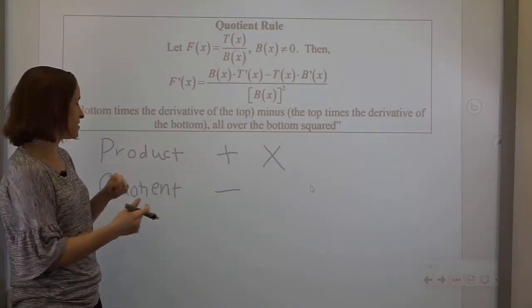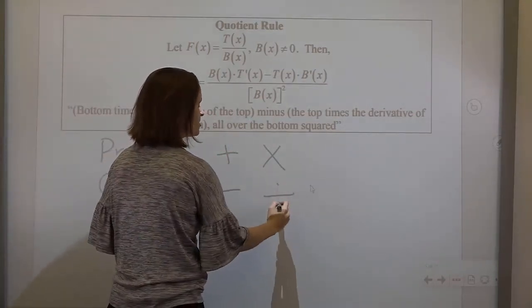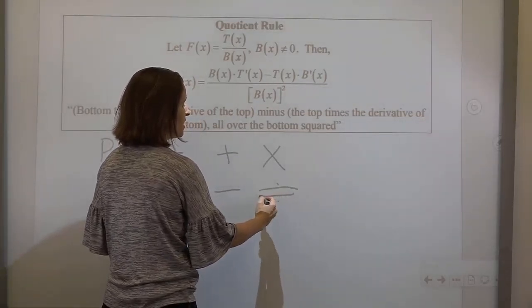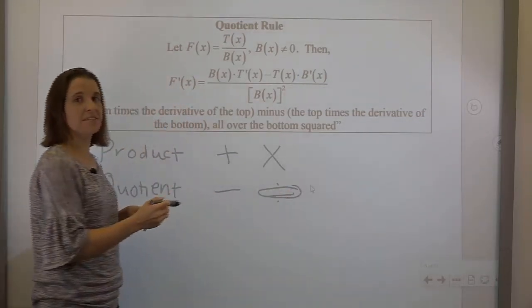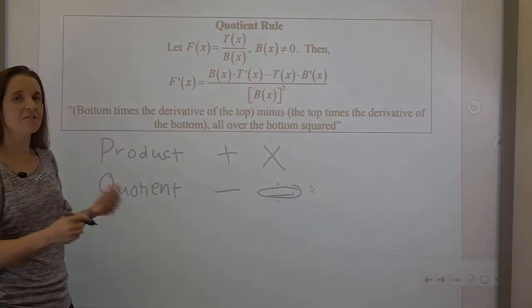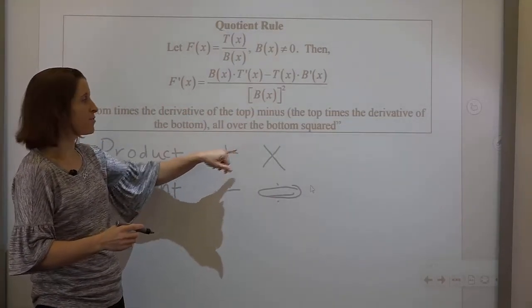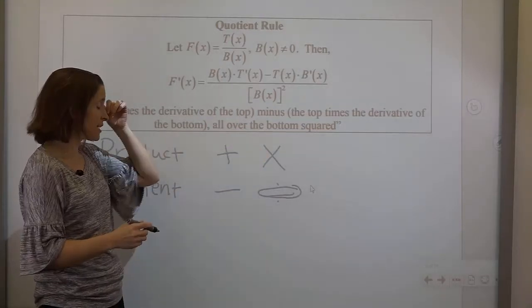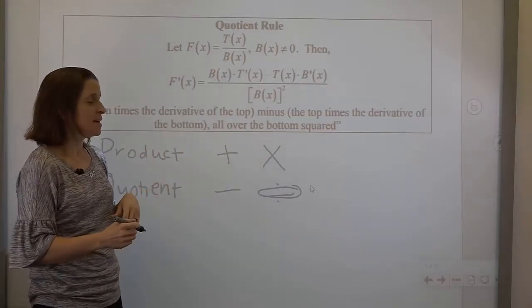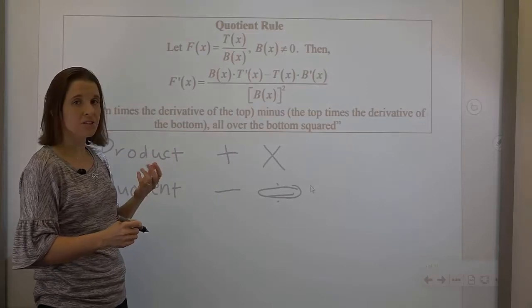So those go together. And if you're doing division, which is a quotient, the minus sign actually lives inside of the division sign. So it's just one way to help you remember that addition is going to be in the formula for products or multiplication, and subtraction is going to be in the formula for quotients or division.